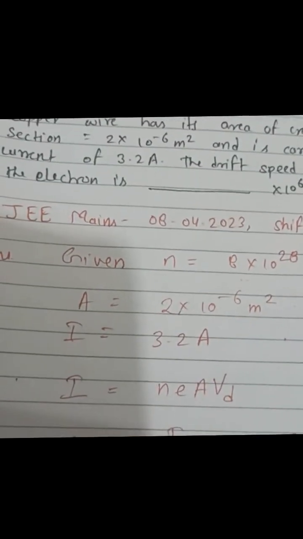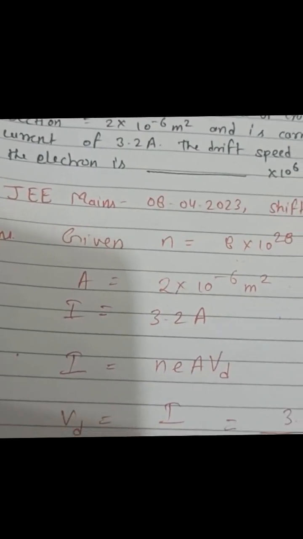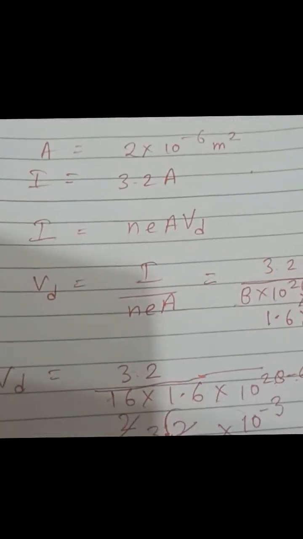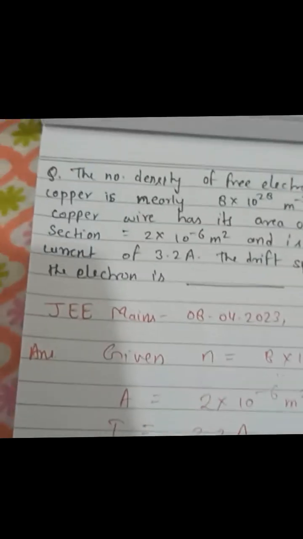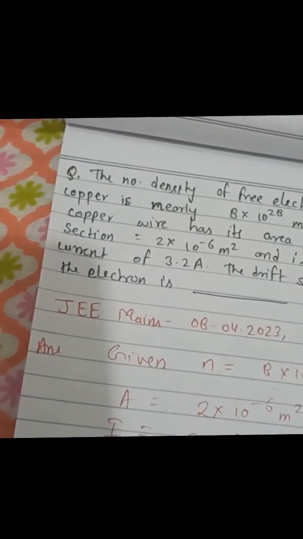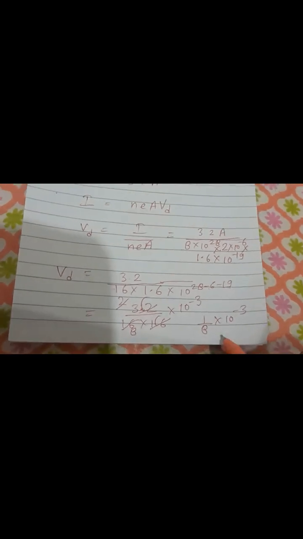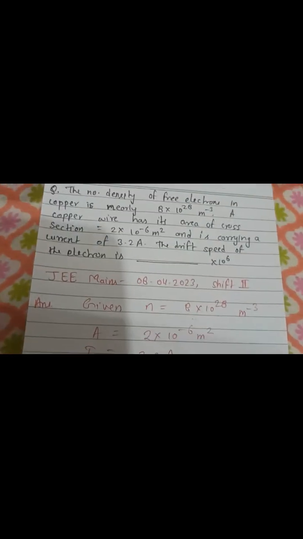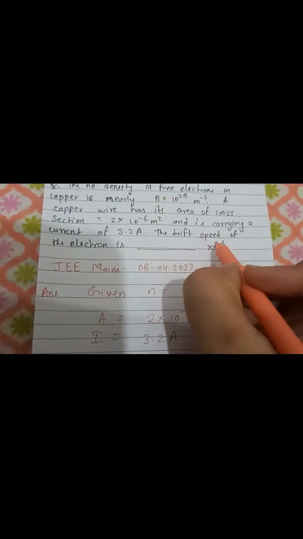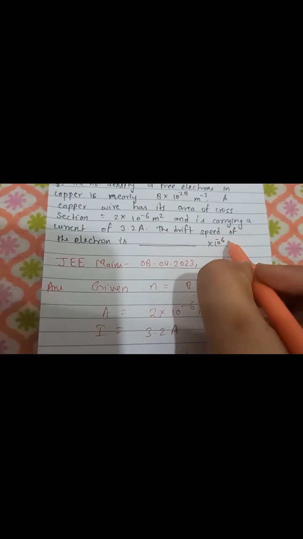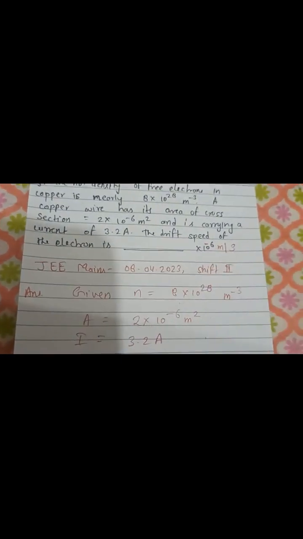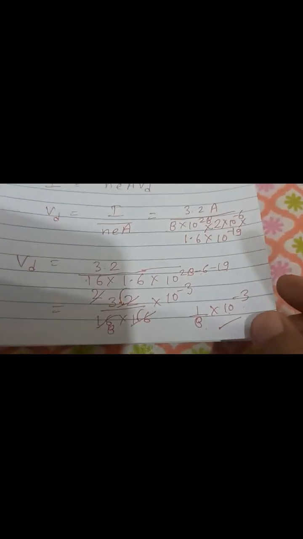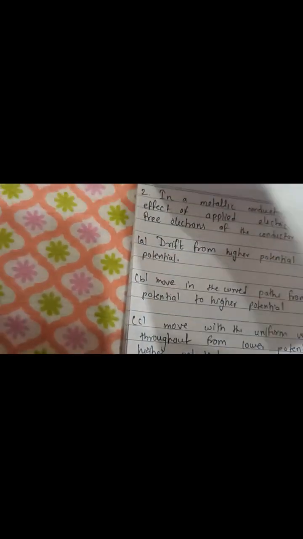So the answer will be 1 upon 8 into 10 to the power minus 3 meter per second.